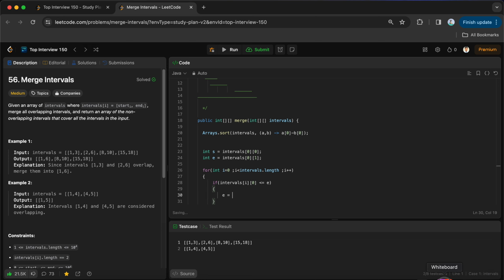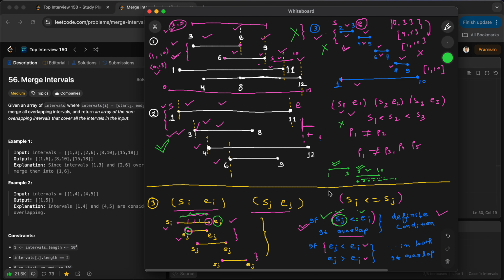one thing we have to notice: when it overlaps, how can we define the range? In this case, if it overlaps, the total interval will be the minimum of si and sj, and the maximum of ei and ej.